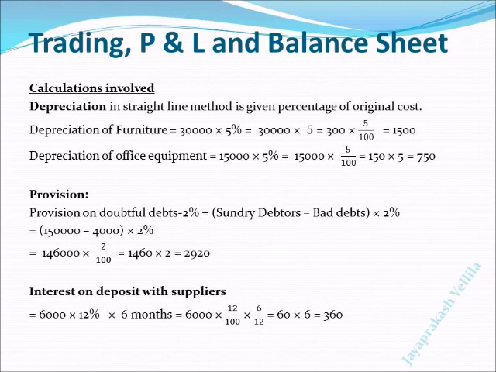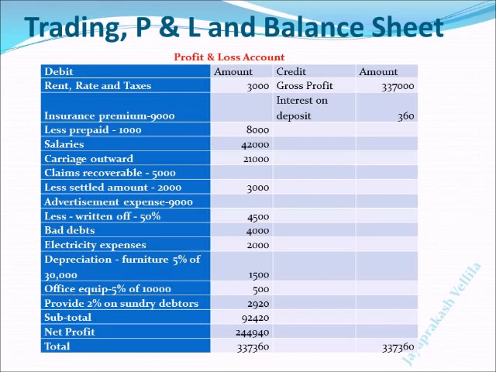So 6,000 into 12 by 100 into 6 by 12. The 12 and 12 will be cancelled. Then the zeros in 100 and 6,000 will be cancelled. We get 60 into 6. That means 360. So 360 is the interest for 6 months. That is an income for the firm. We express this income in the profit and loss account.